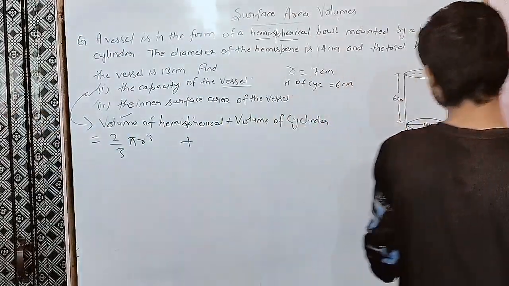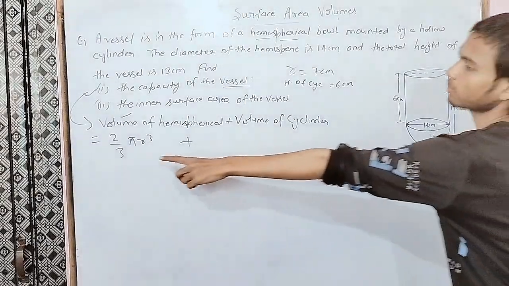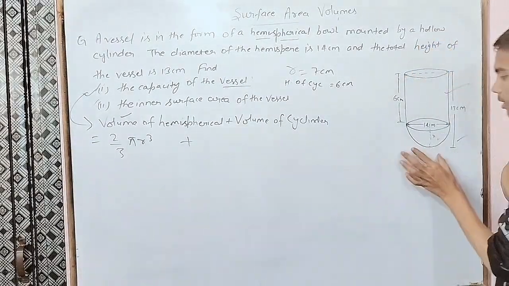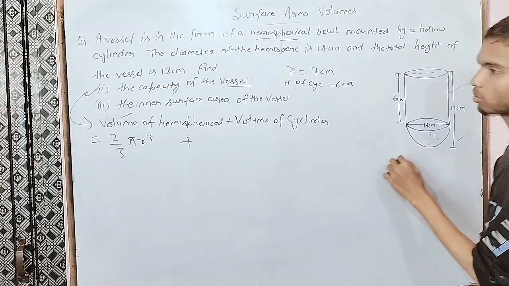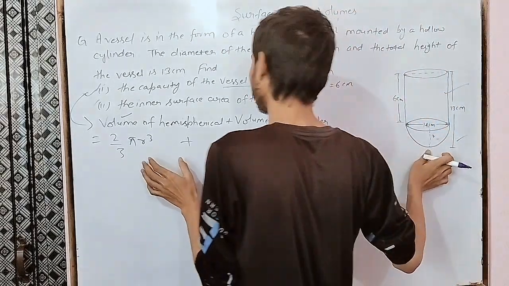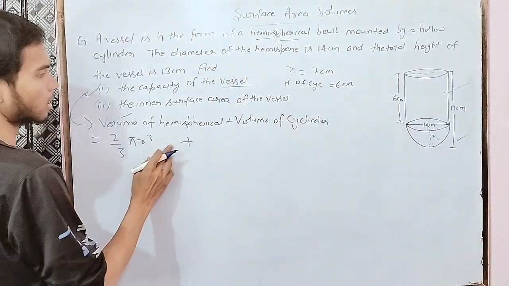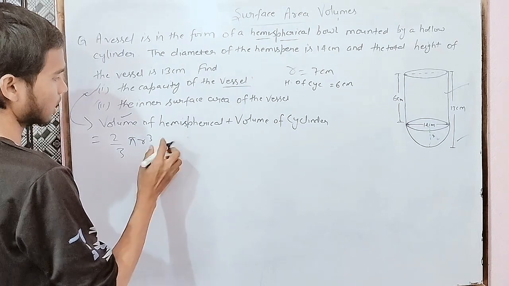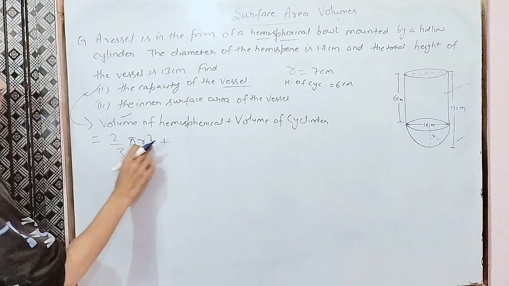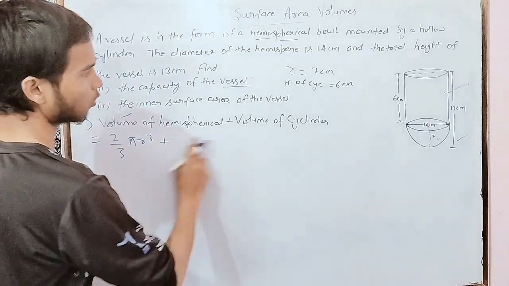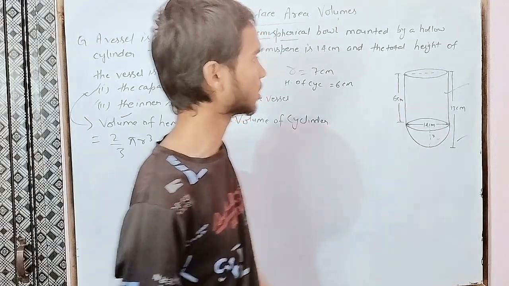It looks like a semicircle, that's why we have written 2 by 3 pi r. Now we are finding the volume of this hemisphere, that's why I have applied the cube. Now the volume of a cylinder will be what?